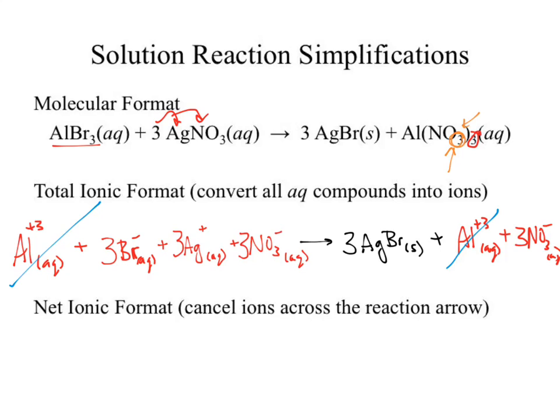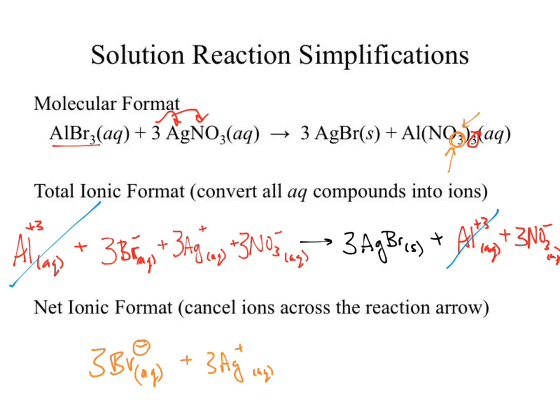So what I'll go ahead and do is write it down below. And I will translate the coefficient with it. What happens with the silver? Silver ion. Does that show up the same? Does not show up the same because in one case it shows up in a compound. So 3 silver aqueous.